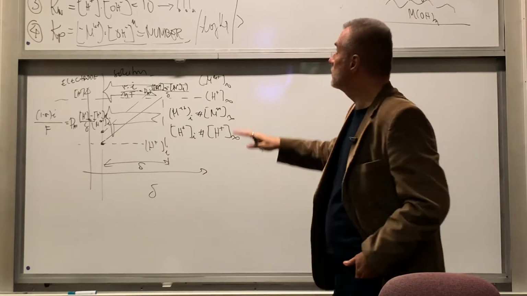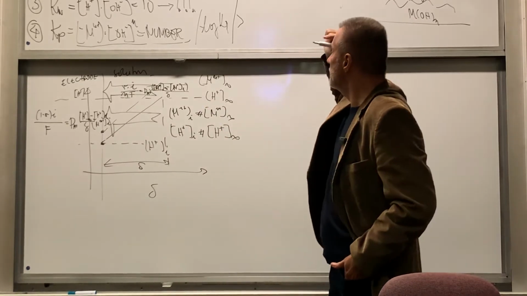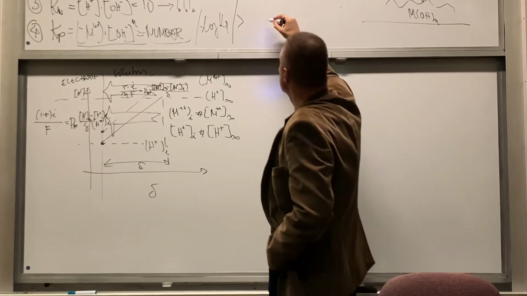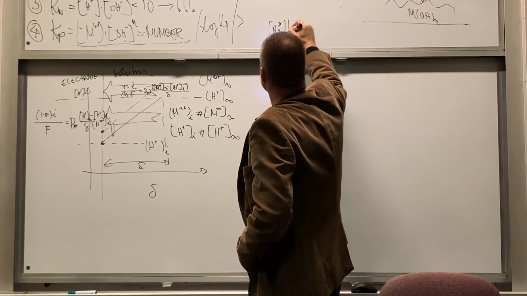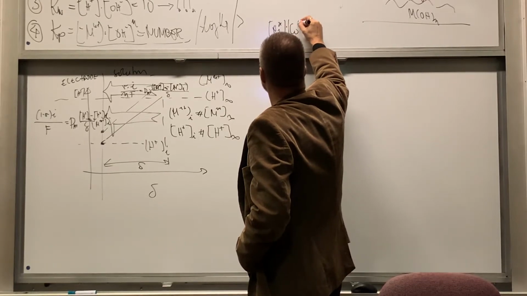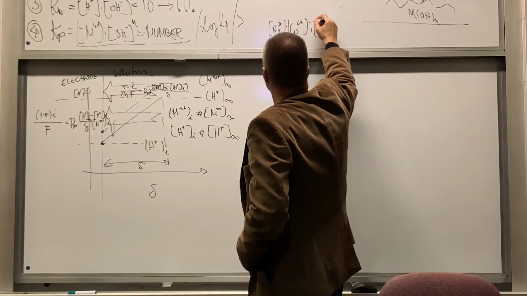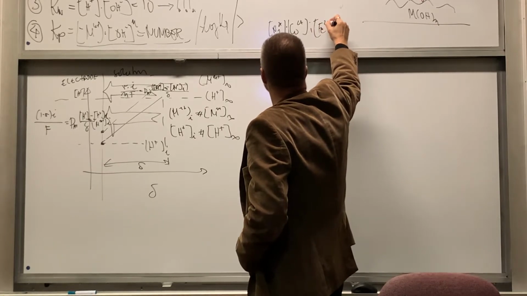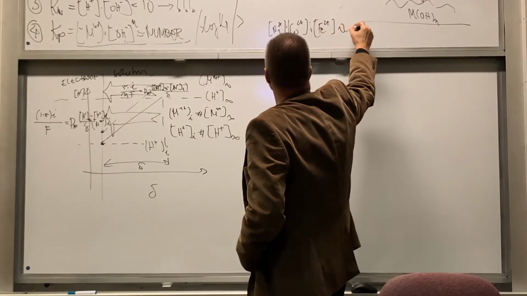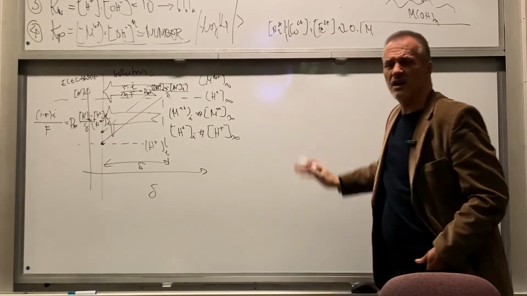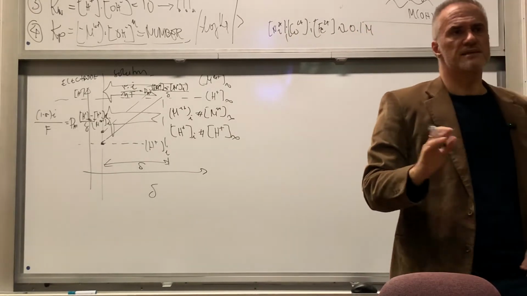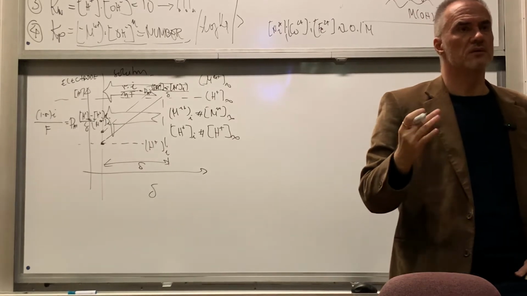Usually, when we talk about nickel, cobalt, and iron, we can say that their concentration of order of 0.1 molar, right? It could be a little bit higher, a little bit lower, but that's about what we usually do.